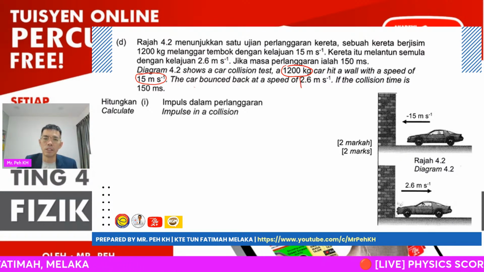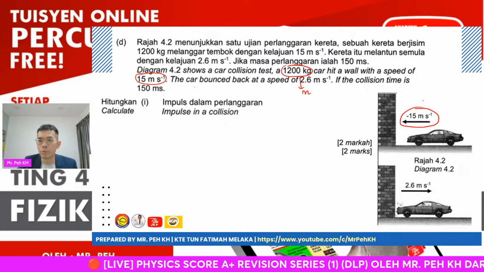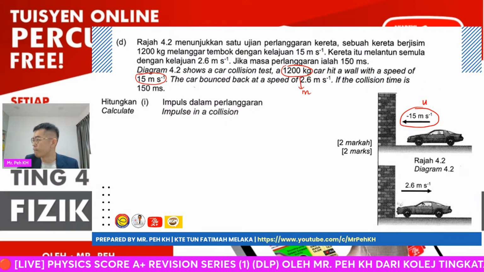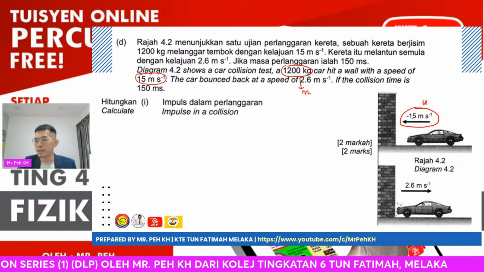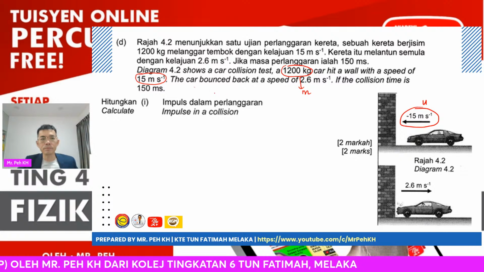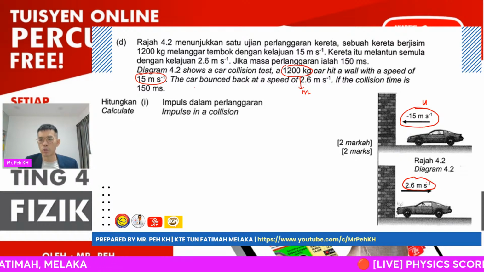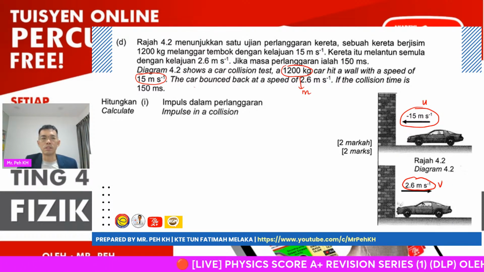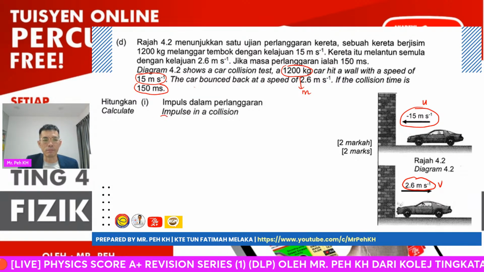So this will be referring to M, and then this will be referring to U, the initial velocity, with the direction to the left given as negative 15. And then the car bounced back at the speed of 2.6. So this will be considered V. If the time of collision is given as 115 milliseconds, what is the impulse?